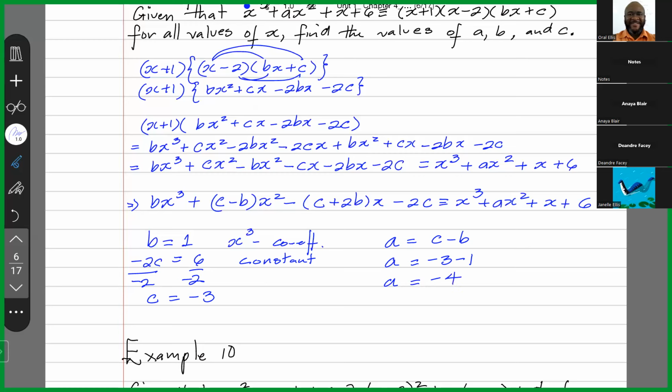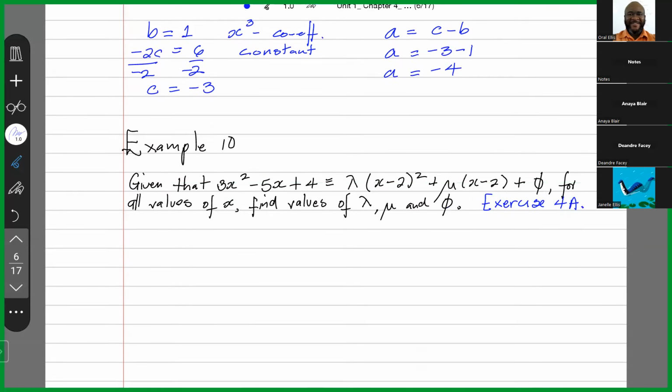If the signs are the same, you add and keep the sign. So I got a is minus 4, b is 1, and c is minus 3. And your answer, my answer differ greatly. I guess we could always look into that. Let me finish 10 and then we can go back and look at comparing your answers with mine.